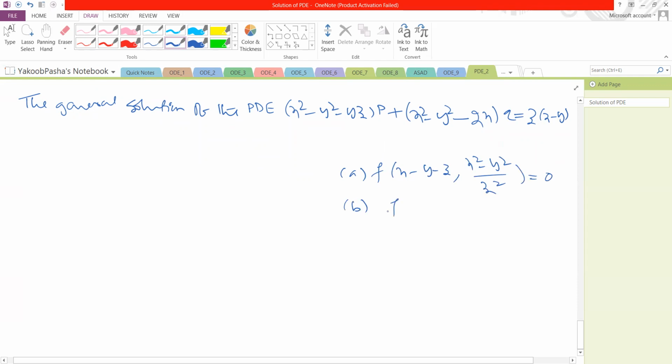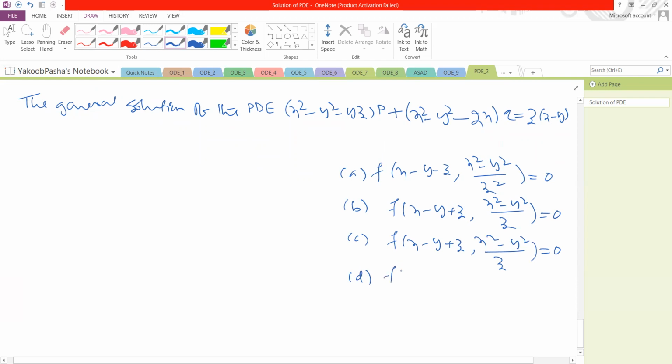Option B, f of x minus y plus z, x square minus y square by z is equal to 0. Option C, f of x minus y plus z, x square minus y square by z is equal to 0. And D option, f of x plus y minus z, x square plus y square by 2z is equal to 0.